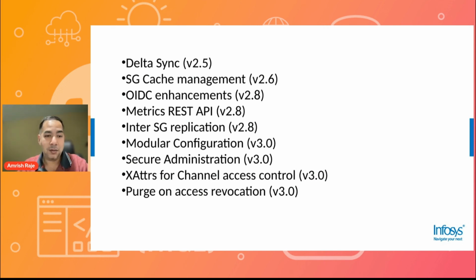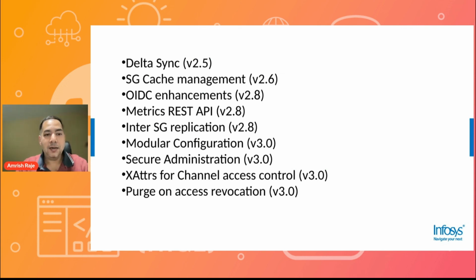Then there's another one coming along in 3.0, which is document purge on access revocation. So till now, and again, in our enterprise, we have requirements where if a user loses access to a channel, that document has to be deleted from the database, from the CB Lite database. And we had to write our custom purge rules for this.